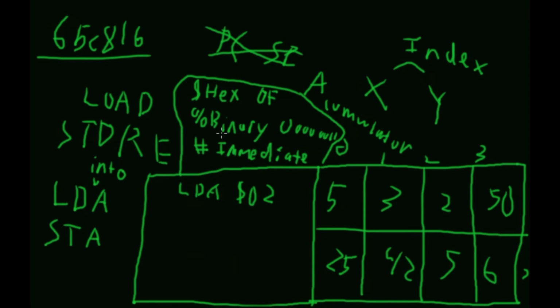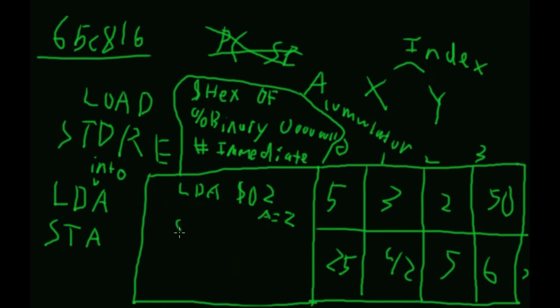I could use binary, but there'd be no point in that now. We may see usage of that later, but generally you're going to want to use a hexadecimal number. And so now A is going to be equal to 2, because it just so happens that 2 is stored into 2.